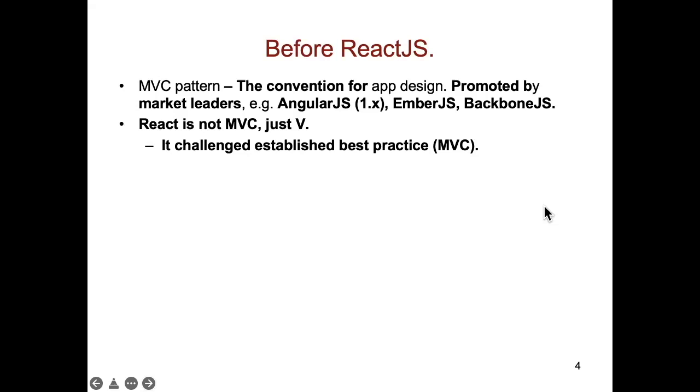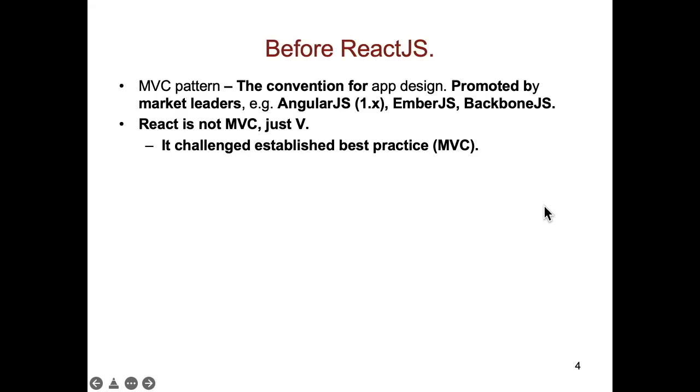But what was noteworthy about React is that it adopted some very different practices to all of its competitors at the time. Its competitors might have been Angular, which you may have heard of, Backbone, which was probably one of the first single-page app frameworks that people used, and Ember as well.